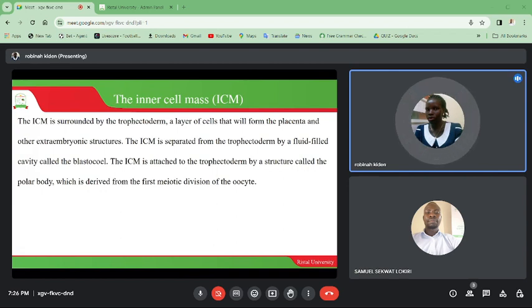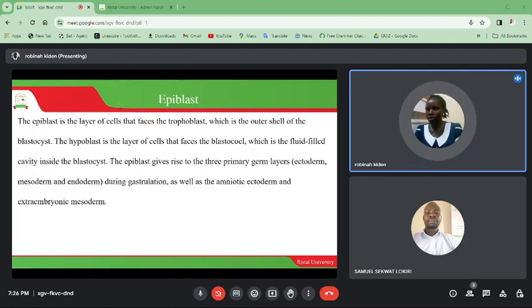So let us look at the epiblast. The epiblast is the layer of cells that faces the trophoblast, which is the outer shell of the blastocyst. The hypoblast is the layer of cells which faces the blastocoel, which is the fluid-filled cavity inside the blastocyst.